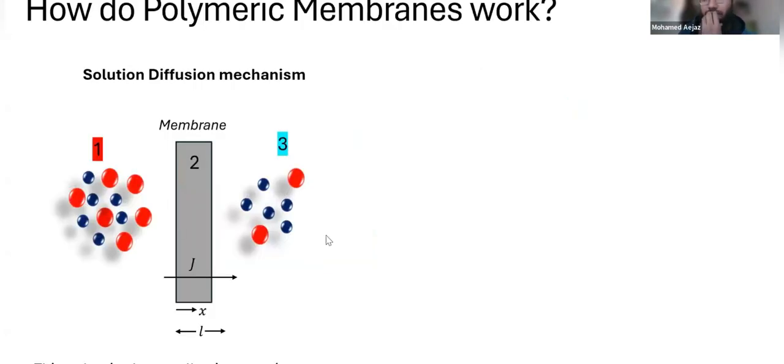But how do they work, right? We saw that you have a membrane, they come in modules, you could install them and do anything. But how do they work? It's a very simple process. It's a solution diffusion mechanism. First, imagine you have a mixture of gases. The blue spheres here could be gas B, and the red are gas A, and you are interested in separating blue from red.